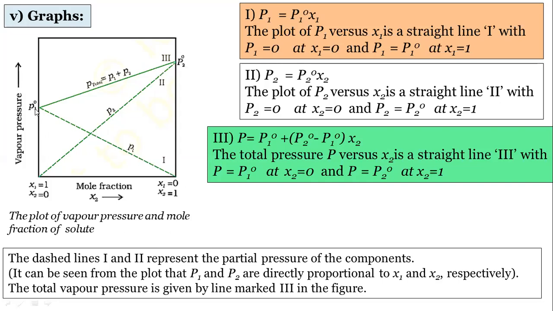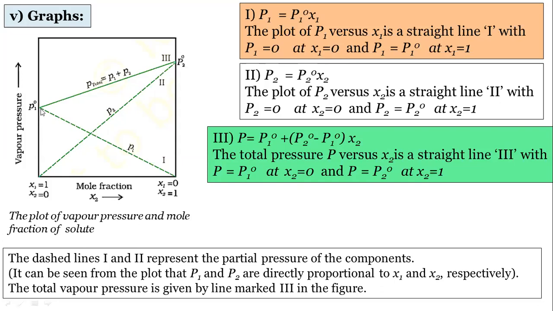So the graph of partial pressure P1 with the mole fraction x1 is a straight line, where P1 is equal to 0 at x1 is equal to 0, and P1 is equal to P naught 1 at x1 is equal to 1.